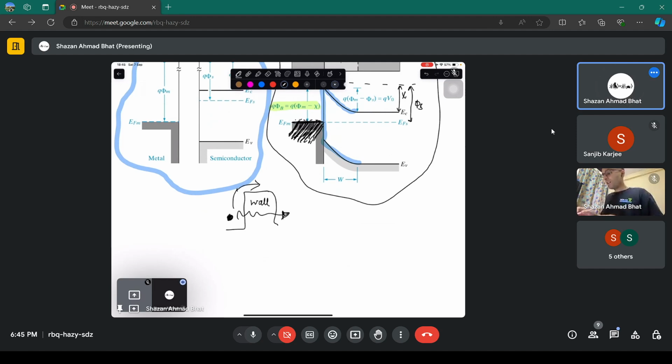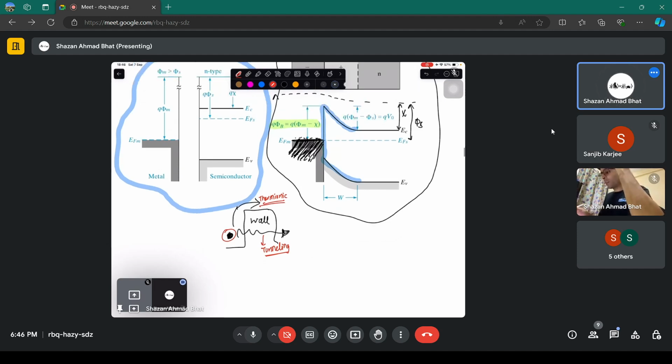Because it's a quantum particle, it can either tunnel or it can go above the wall. This is called thermionic emission, and this is called tunneling. That is what happens in these Schottky diodes. They both happen, and under what circumstances they happen, that's what we're going to see.